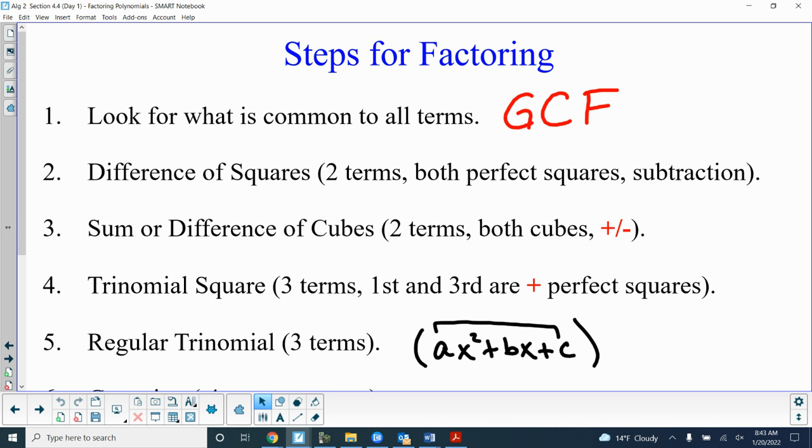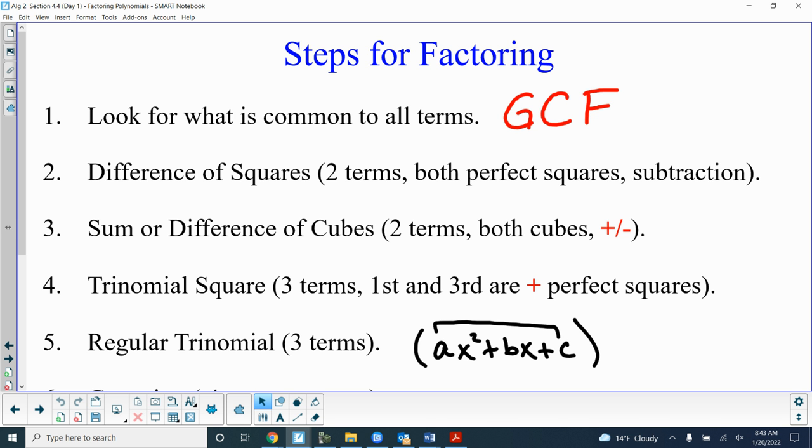If number three's answer was half the middle of your trinomial, that b value, then it was one of those. And then we just put number one in the front, number two in the back, whatever b's sign was, and squared it. Okay? If you didn't recognize it's one of these, you can do it as a regular trinomial and it'll work. You'll just write it twice, like x plus 2 times x plus 2, that's all.